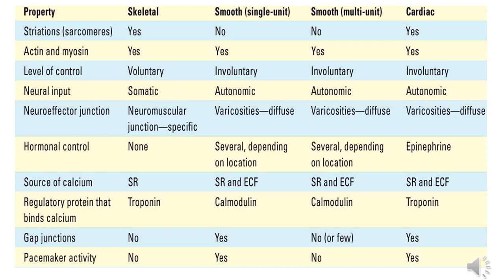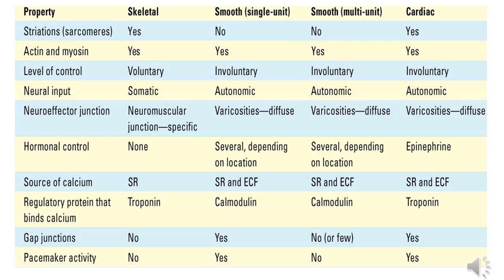The level of control, as we had introduced, is voluntary only in the skeletal muscle, and the neural input is somatic, meaning voluntary, of course, in the skeletal muscle, while in the others we see an autonomic, more automatic. There is a neuroeffector junction, which is noted as the neuromuscular junction, very specific in the skeletal muscle, and then we have others that are diffuse, noted in the other types of muscles.